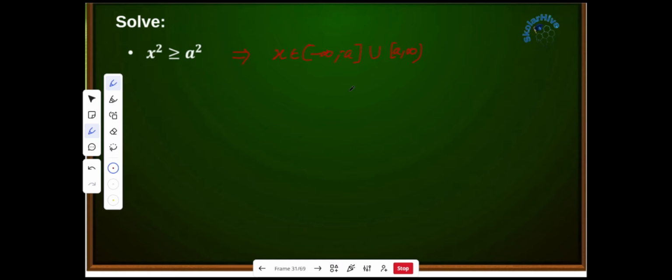These are the inequality results that we have to keep handy. Whenever we are solving problems on inequality, this will play a crucial role. Whenever we get an expression of this kind, we can directly write the answer using these results.